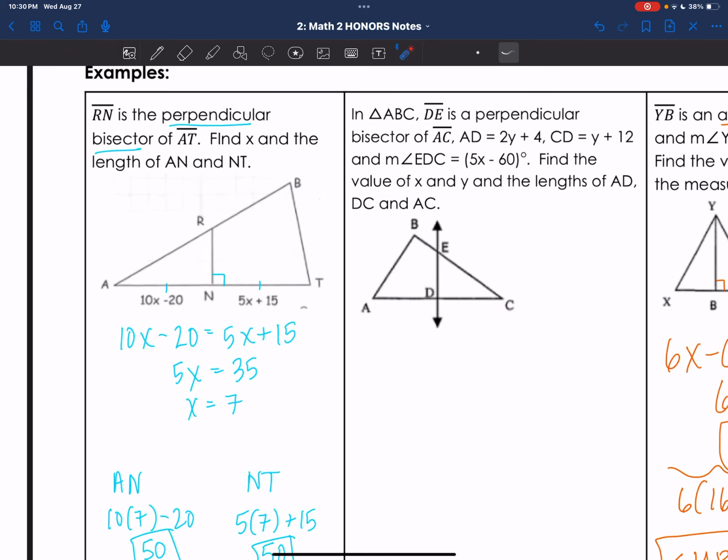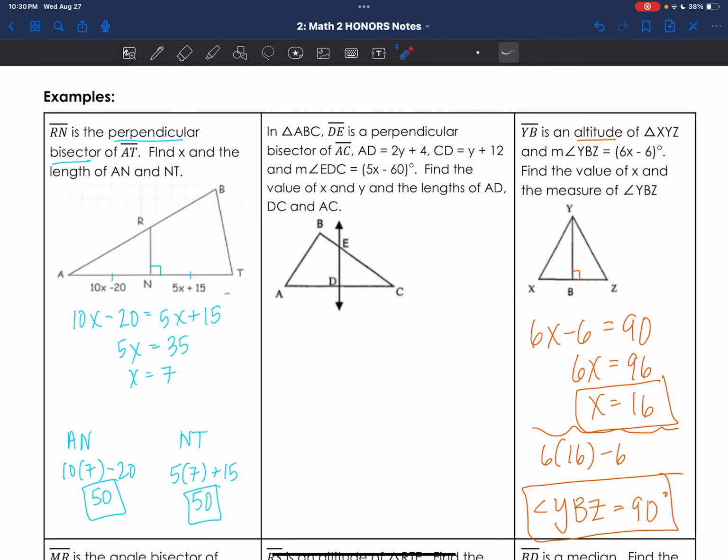Now we're going to look at some examples. RN is the perpendicular bisector of AT. Find x and find the length of AN and NT. The important part with a perpendicular is we have a right angle, and bisector means it splits. So I know this is going to be equal to that.